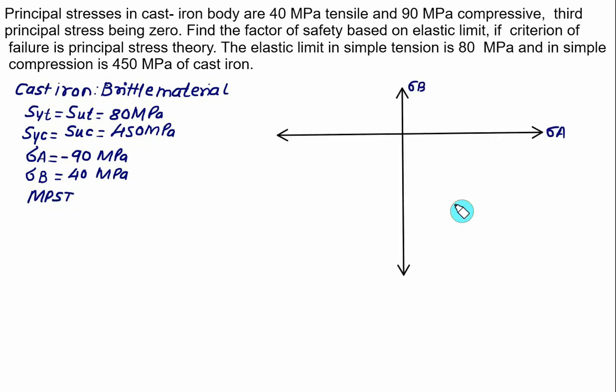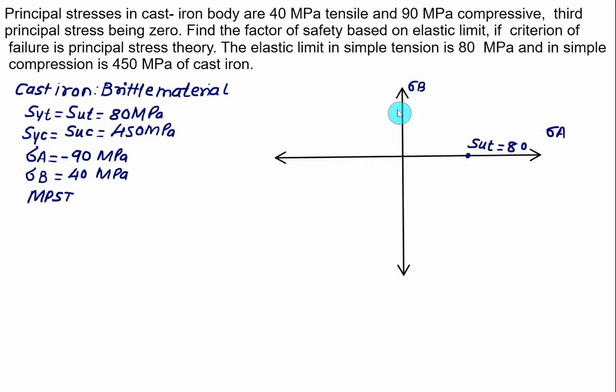So we'll develop the stress envelope here. For this purpose we'll take sigma A on the x-axis and sigma B on the y-axis. We have SUT equal to 80, so this value corresponds to SUT. The same value of SUT you have to mark on the positive sigma B axis.